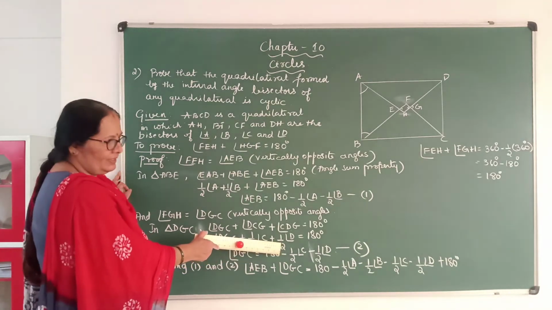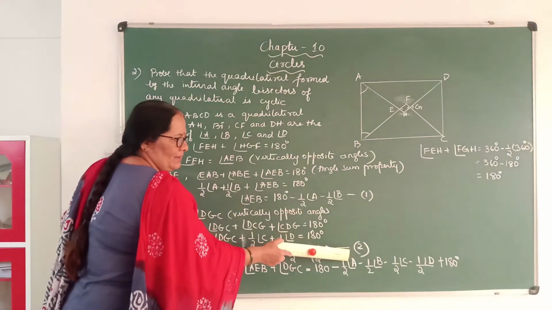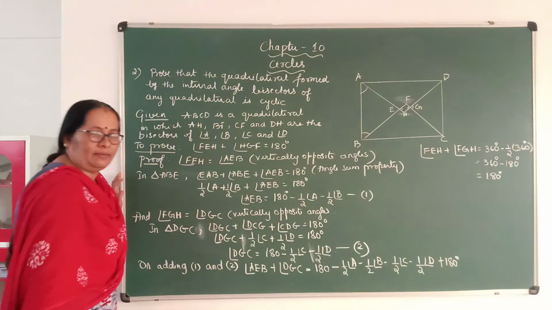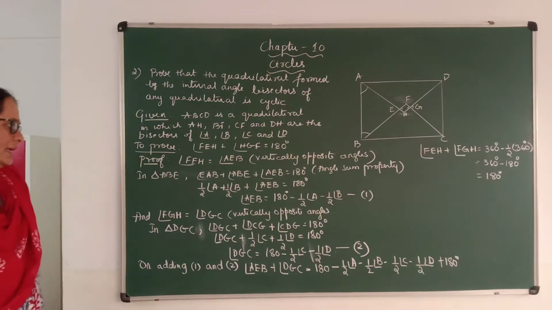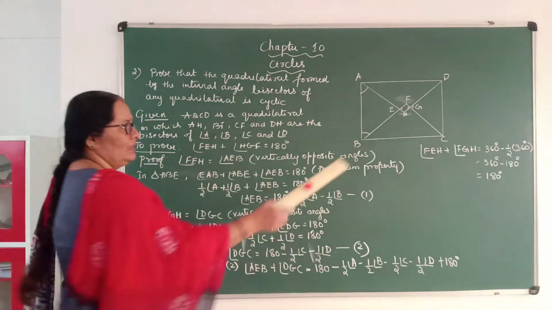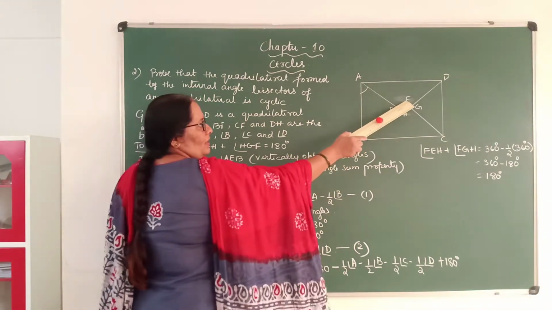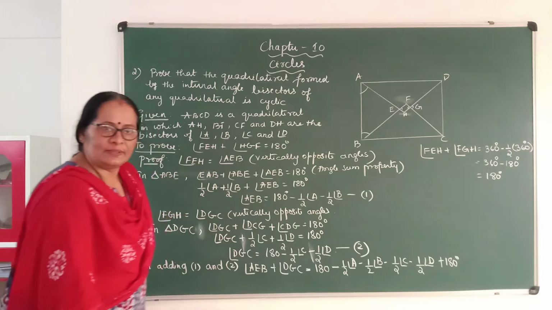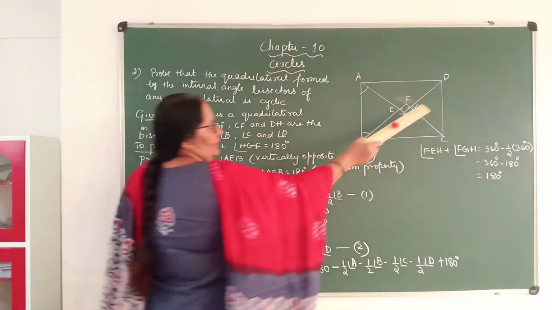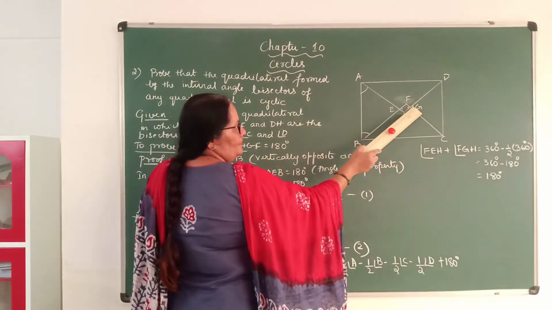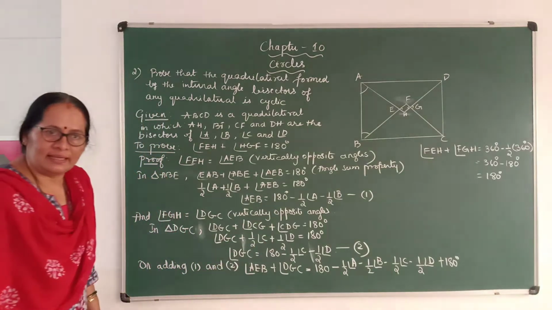So, on comparing these two equations, see here, AEB is equal to FEH, vertically opposite angle. Then DGC equals FGH, vertically opposite angles, right?